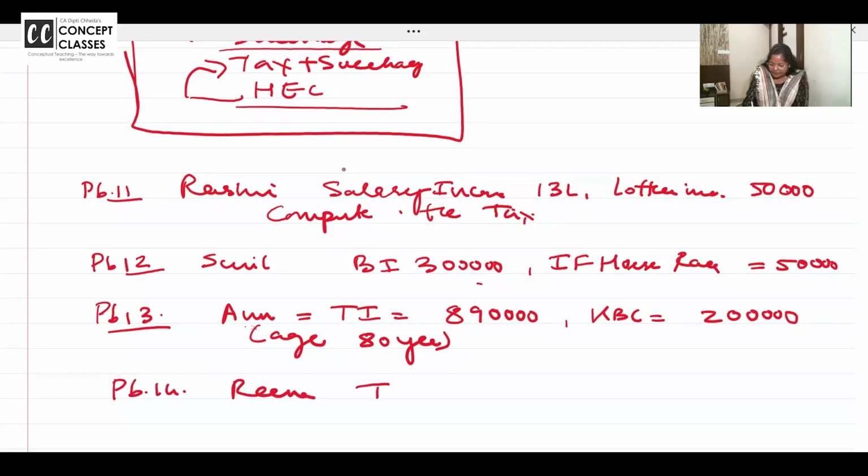Reena, total income 17 lakhs and age is 64 years. जैसे जितने ज्यादा प्रॉब्लम प्रैक्टिस करोगे आपको आ जाएगा.